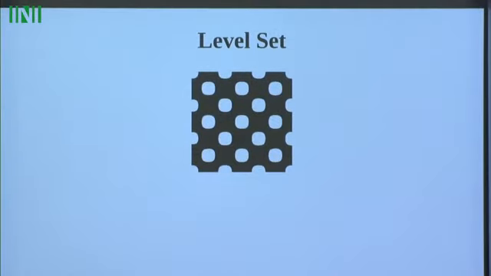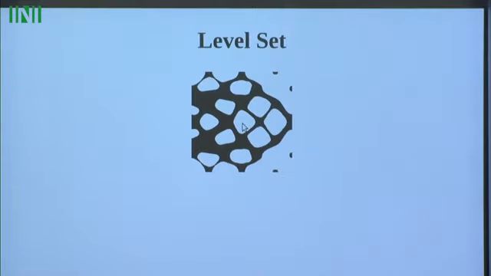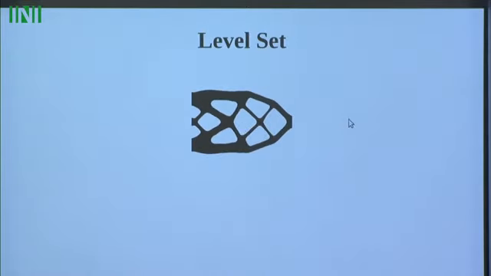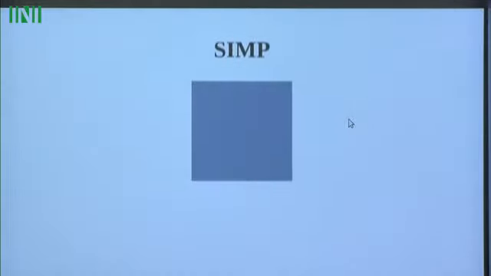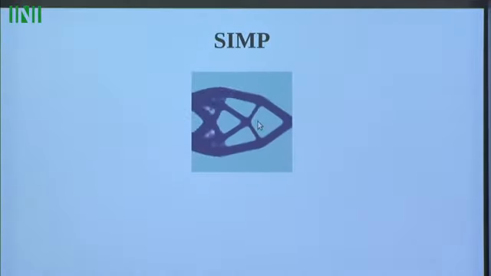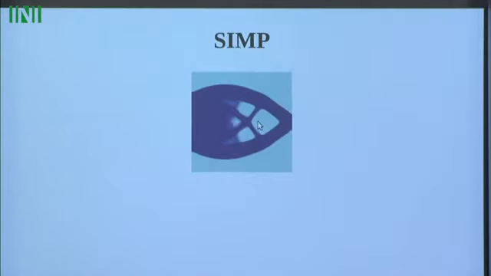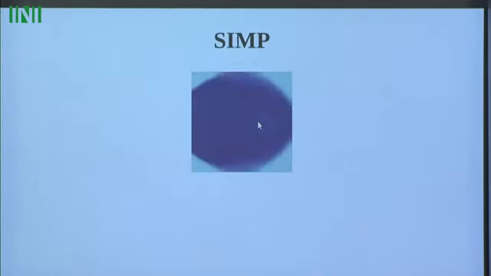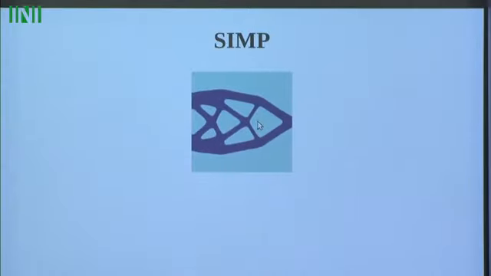One of them is the level set method. You start with a shape with many holes, then you run your method and you get something like this, for instance. Another popular method is the SIMP method, which gives results that are quite similar. In the SIMP method, you allow some intermediate densities, so it's a parametric optimization.